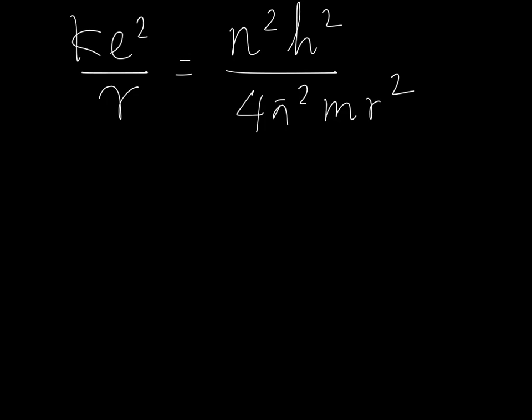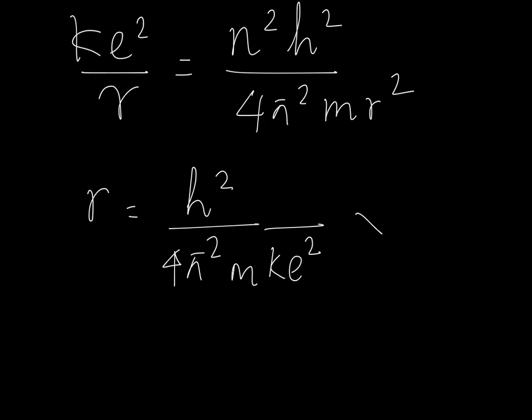Now from here we could calculate r, and this gives you r is equal to h squared over 4 pi squared ke squared m multiplied by n squared. We'll again double check. So we have r is h squared over 4 pi squared ke squared m multiplied by n squared.